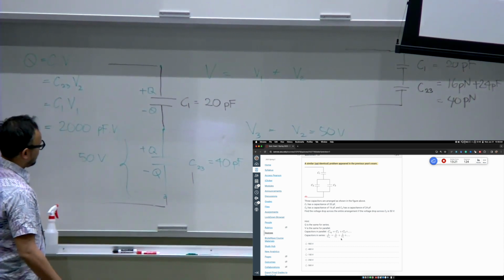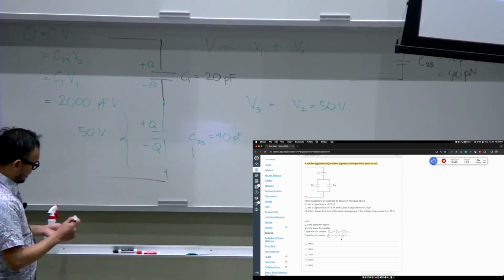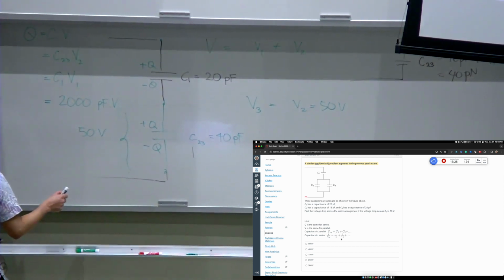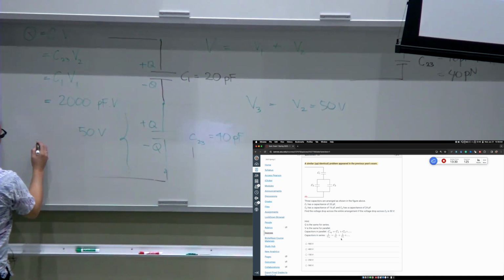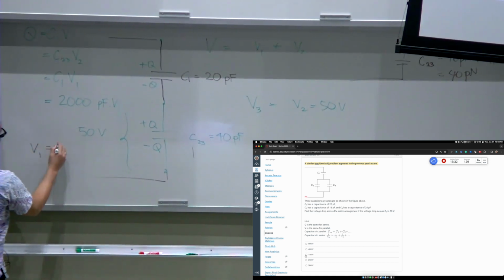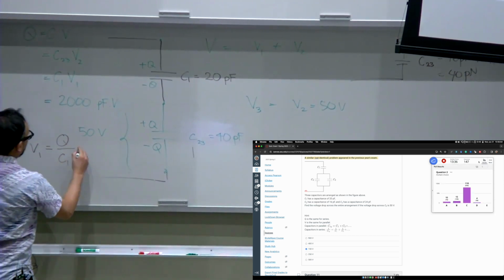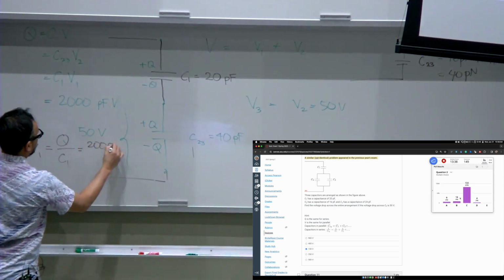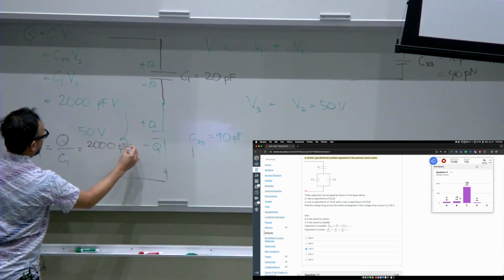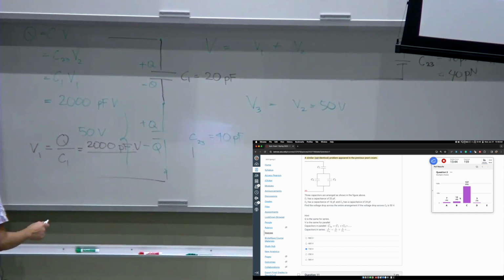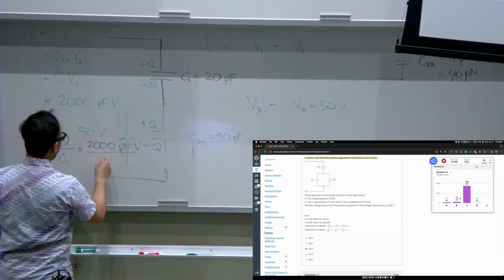I'm going to change color. And then V1 is equal to Q divided by C1. So 2000 picofarad times volt divided by C1. What is C1? 20 picofarad.